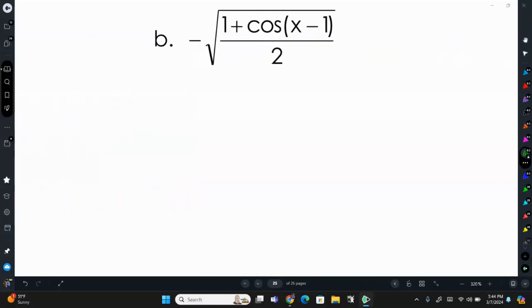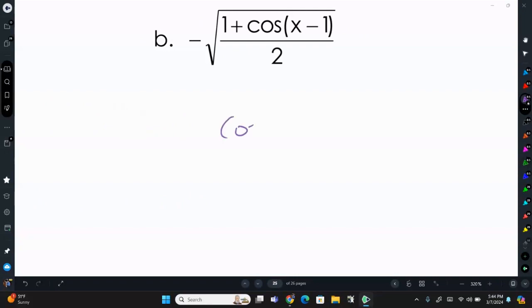Then letter B, we have a negative in front, square root of 1 plus cosine of x minus 1 over 2. So if we look at our cheat sheet, number 39 says if I have under the radical 1 plus cosine of x minus 1, divided by 2, then it's going to be a cosine formula.